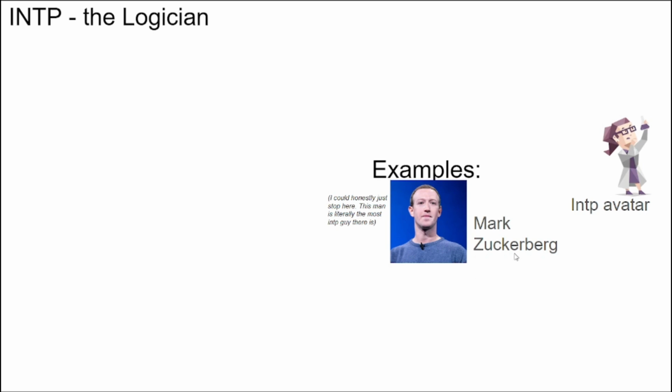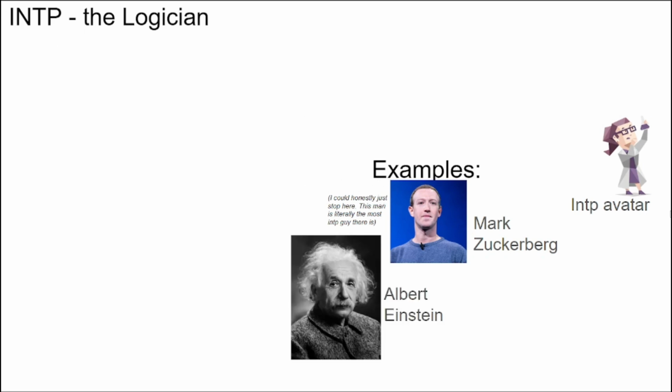He's a very extreme version of most INTPs. Honestly, this guy needs a medal. Then Albert Einstein is an INTP. Daniel is an INTP because he's good at maths and stuff. I've said his name, so I will need to put a bleep over that later.